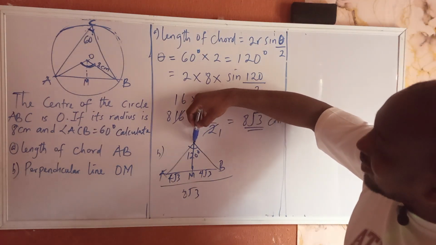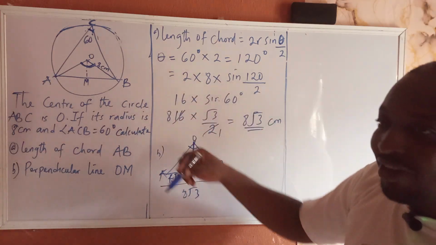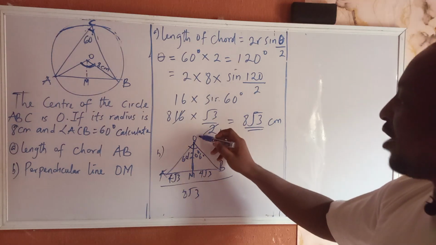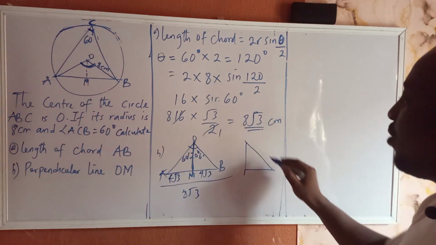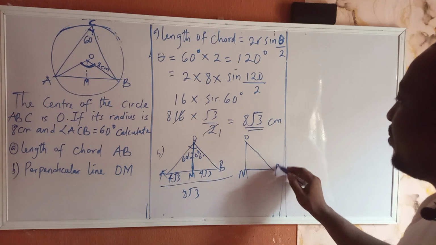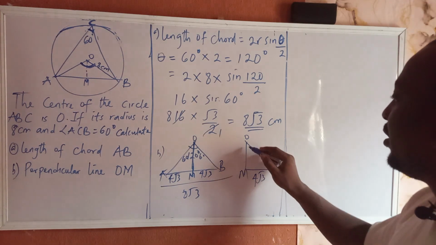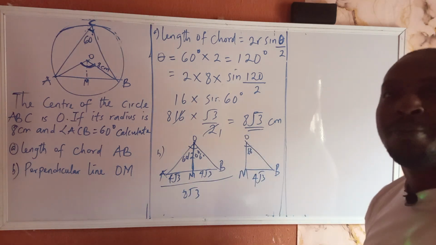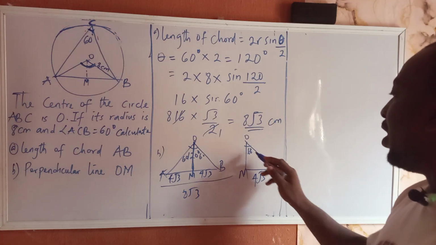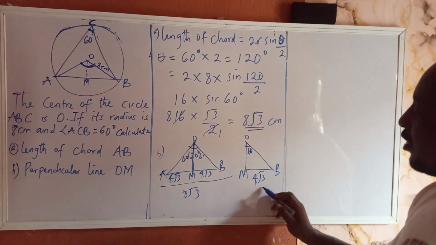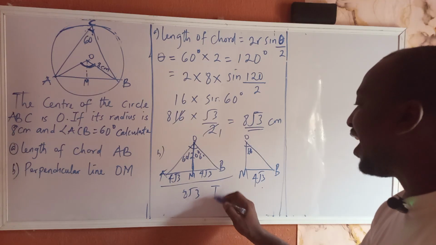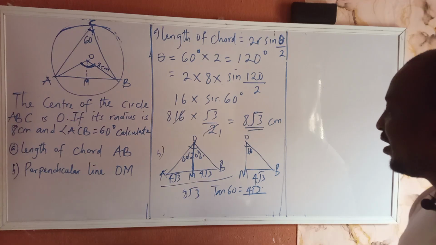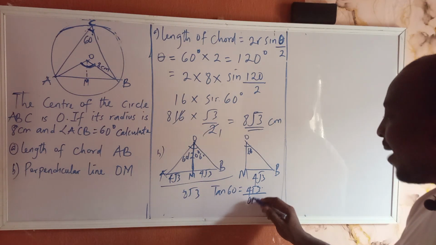And this line, dividing this angle into 2, gives 60 degrees on this side and another 60 degrees on the other. So let me bring out triangle OMB. This side is 4 root 3, this angle is 60 degrees, and this is our OM. From our trigonometrical ratio, using SOHCAHTOA, opposite and adjacent, tan 60 will be 4 root 3 divided by OM.